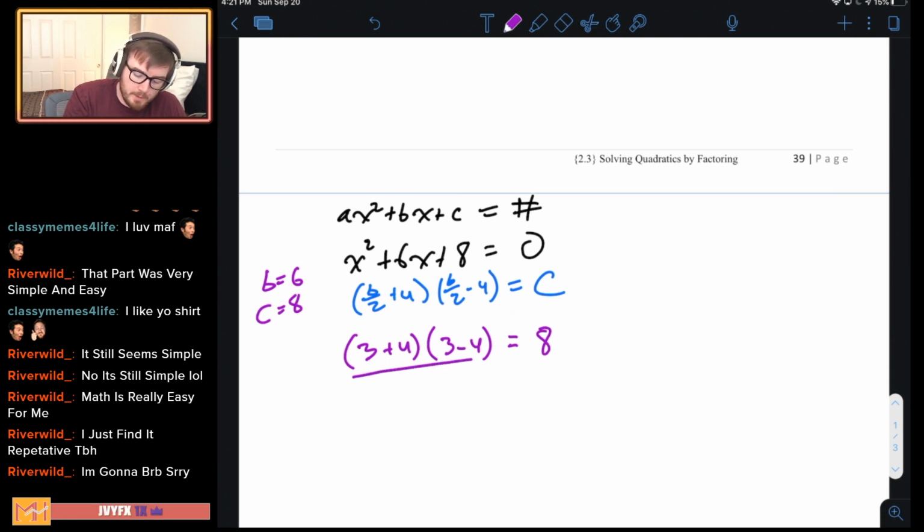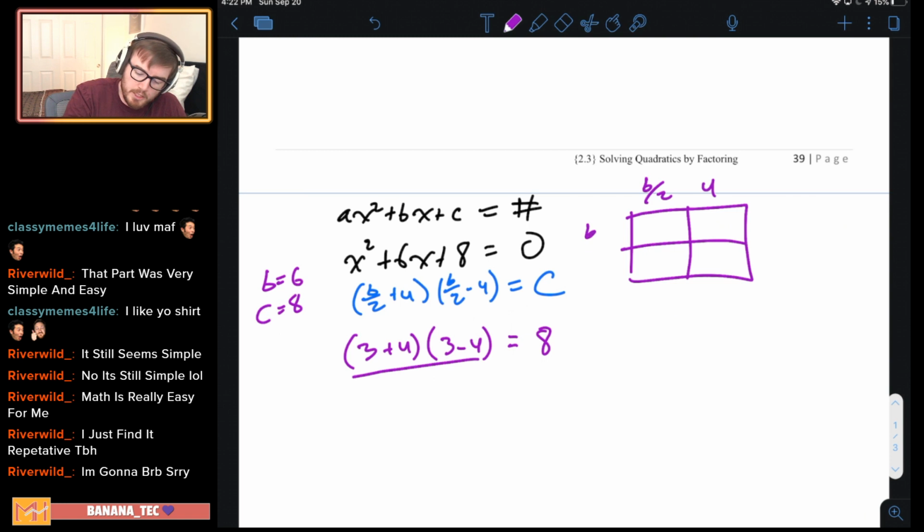And we multiplied these two things together, and we saw that every time we multiplied something like this, b over 2 plus u and b over 2 minus u, no matter the numbers, these two middle terms always cancel out.